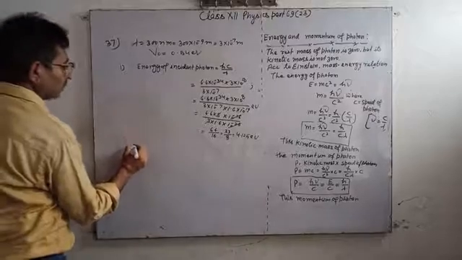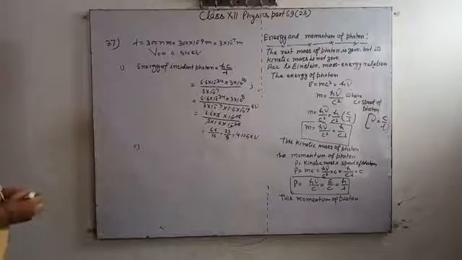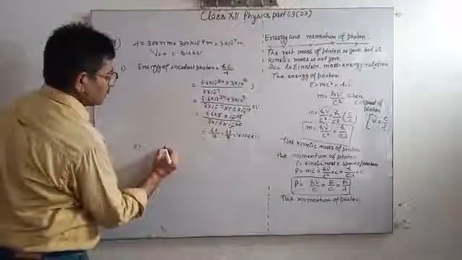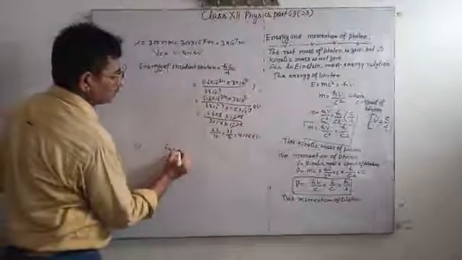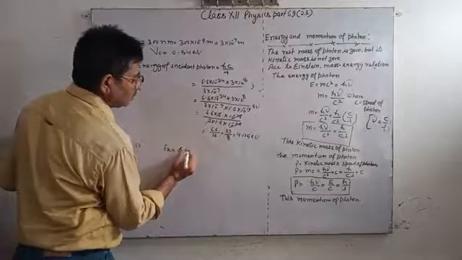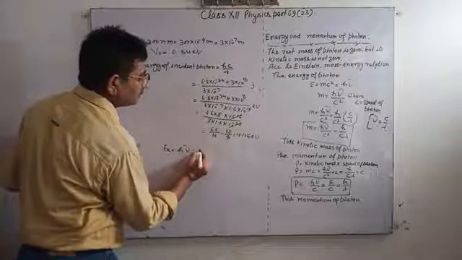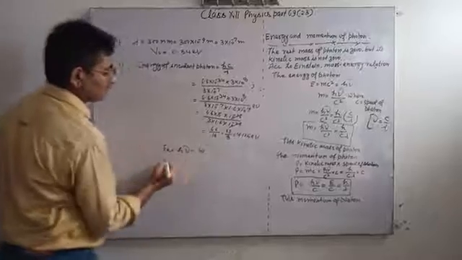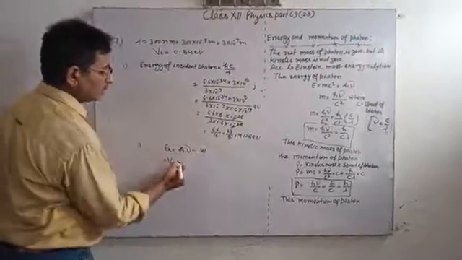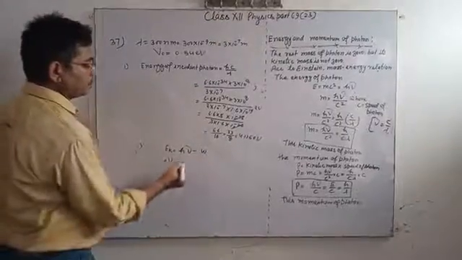Now come to the second part, work function. We know the equation Ek = hν − W, where W is the work function, or Ek = eV0, where V0 is the stopping potential.